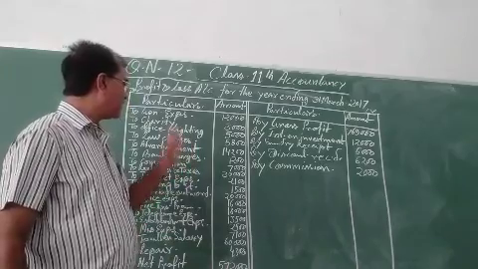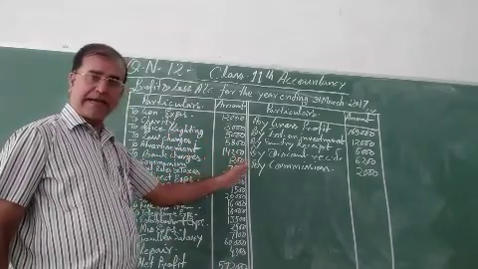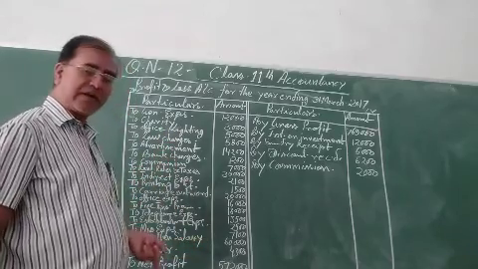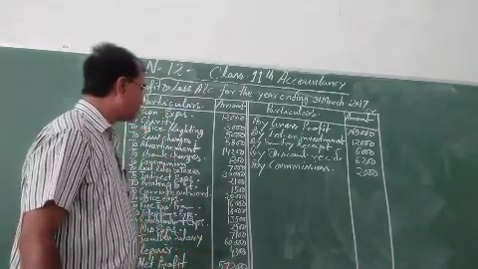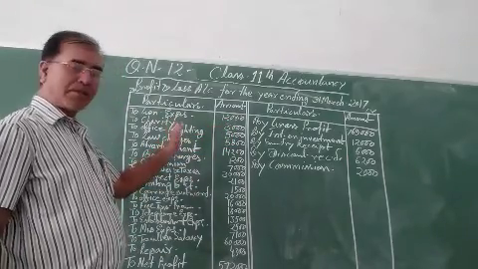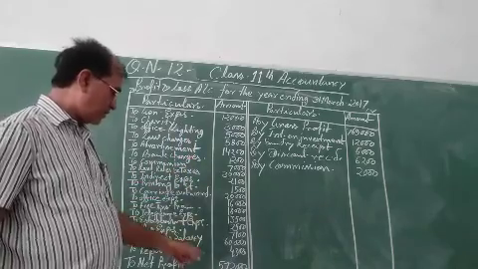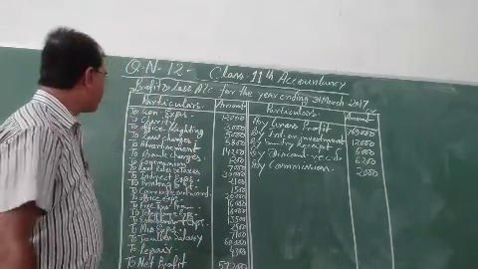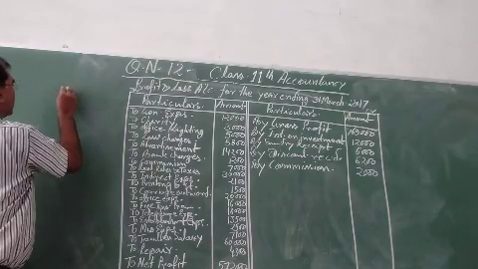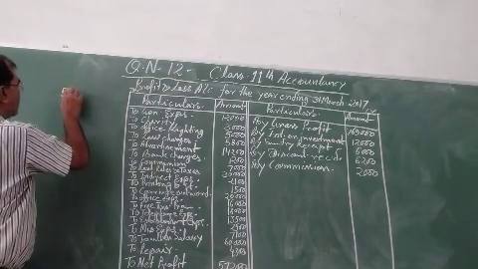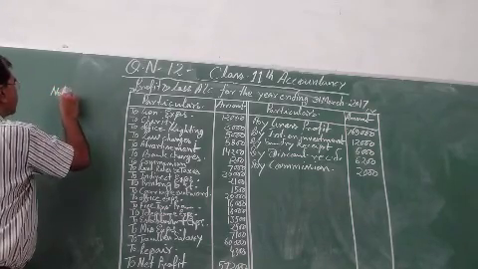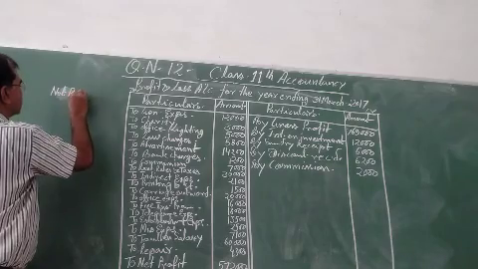When the question is asked to tell the operating profit, it is 5,72,000 minus 3,000, as this one is the non-operating expense. So operating profit is equal to net profit minus non-operating expenses.